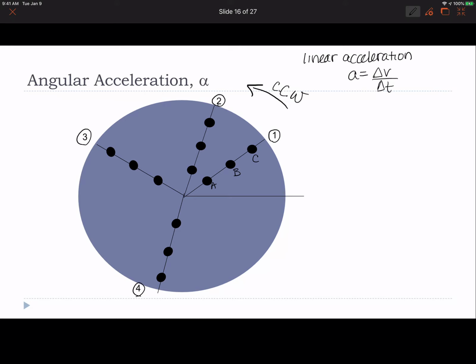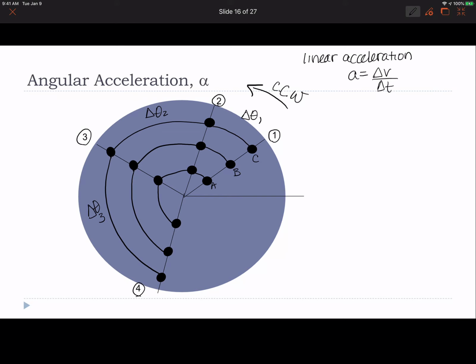Between 1 and 2, they all cover the same distance, delta theta 1, I'll call it. In the next interval of time, they're covering more distance, delta theta 2. And by the next time interval, they're covering even more angular displacement. Because they're covering more angular displacement over time, they must not be traveling at a constant angular speed.